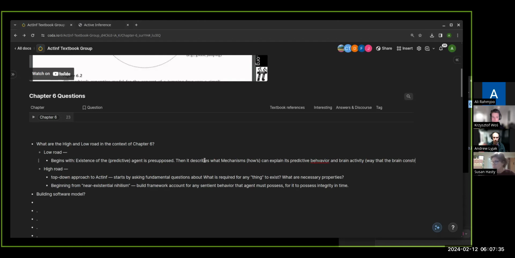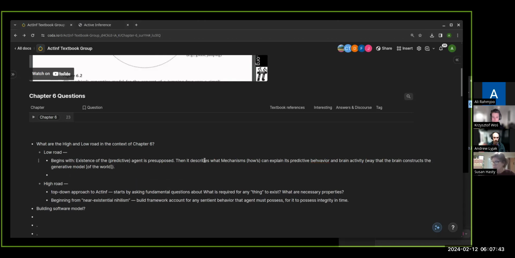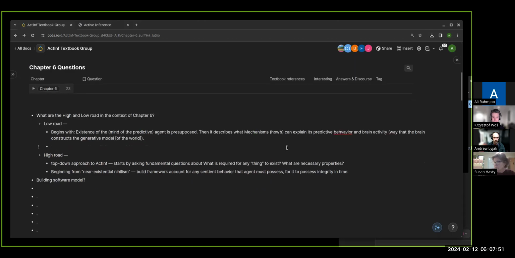So that's basically beginning from the premise of the existence of mind, and describing what kind of mechanisms that particular mind should possess in order to do both inference and action in a changing environment.